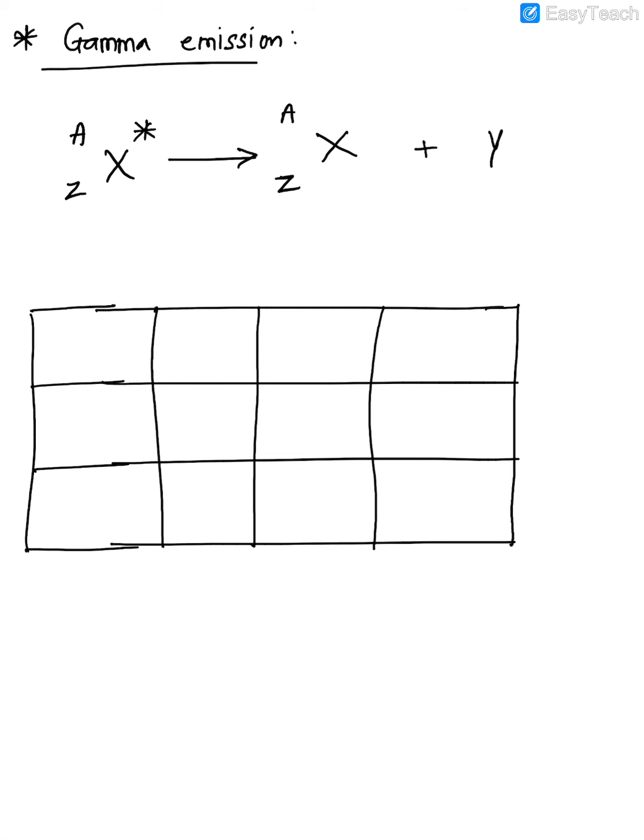So the quantities are atomic number and atomic mass. These are called alpha emission, beta emission, and gamma emission.